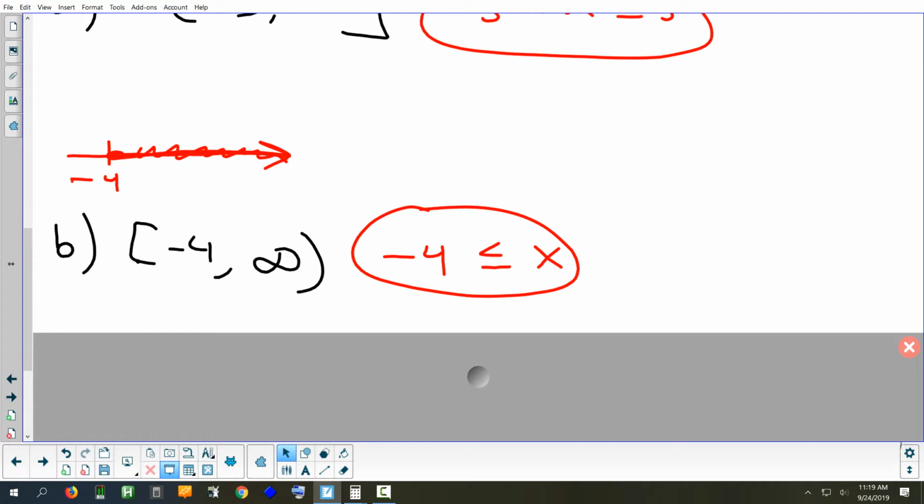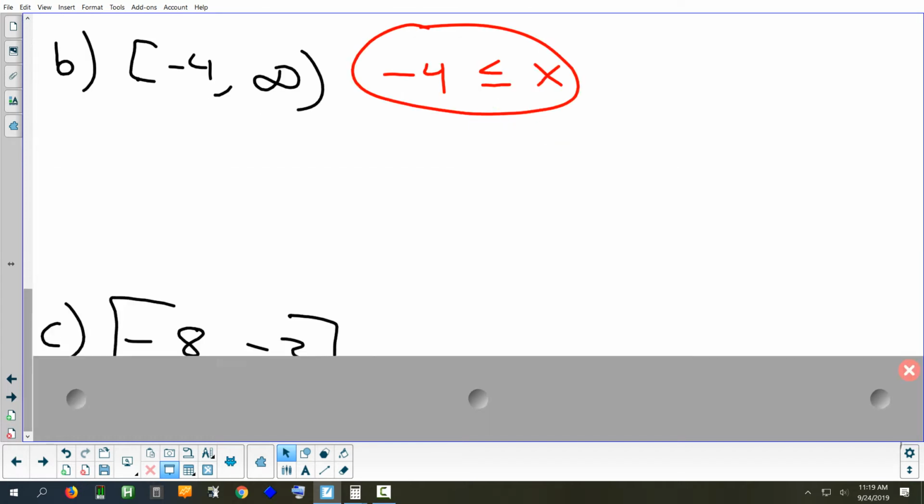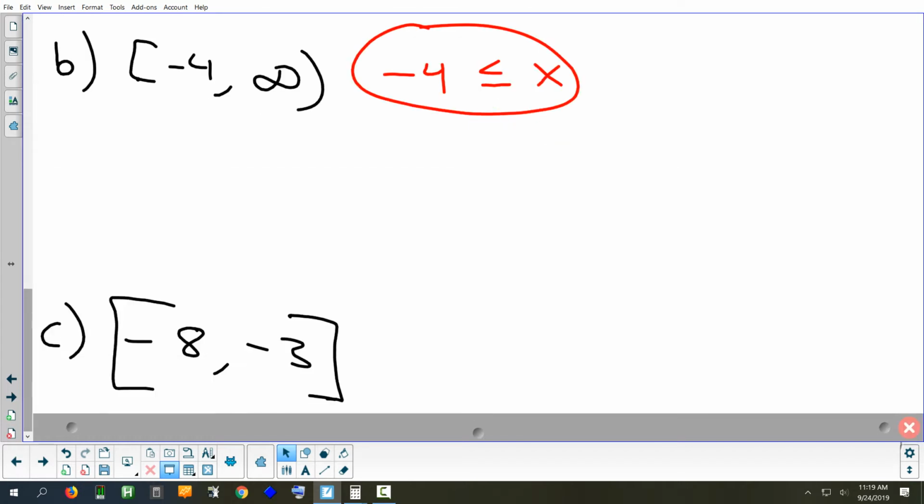Okay, let's try this one. So Chris, what kind of interval do we have there? That is bounded, closed. Yep. Now, he said bounded and closed, which one word could he just say and it would automatically imply the other one?